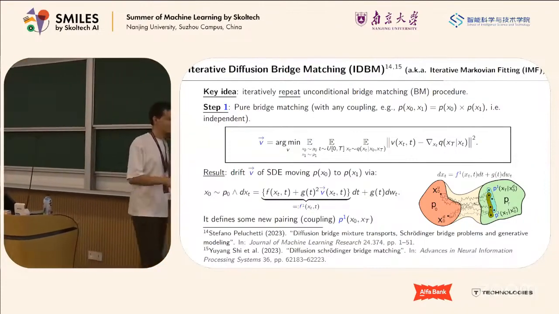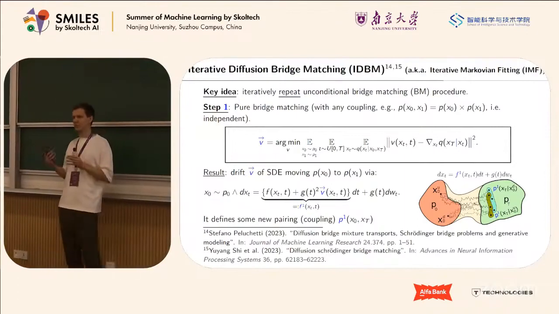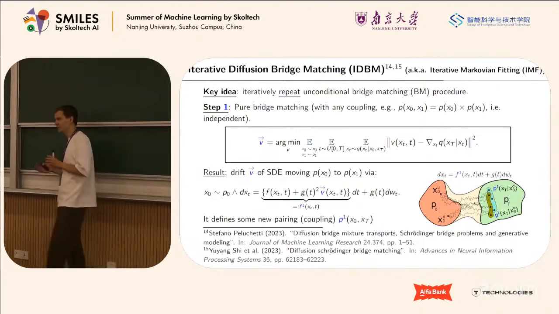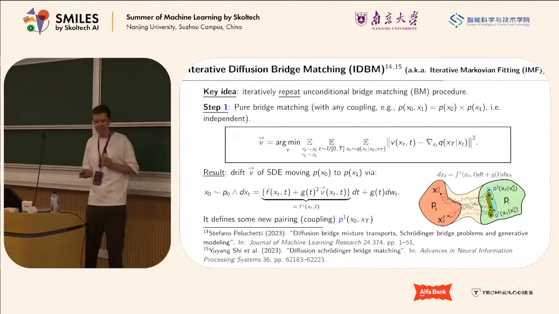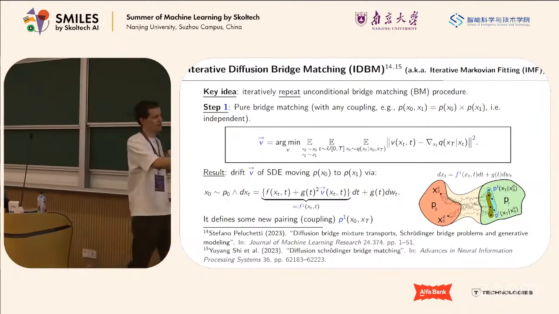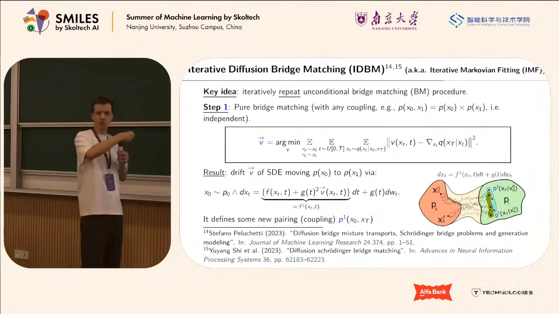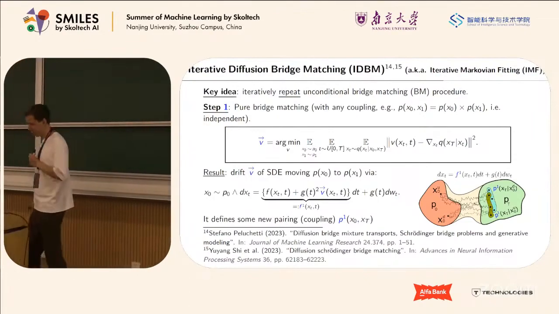This allows you to do some data transport from one distribution to the other. It's not yet clear which properties it satisfies, because it just assigns to some point a conditional distribution, which is obtained after simulating this diffusion process.